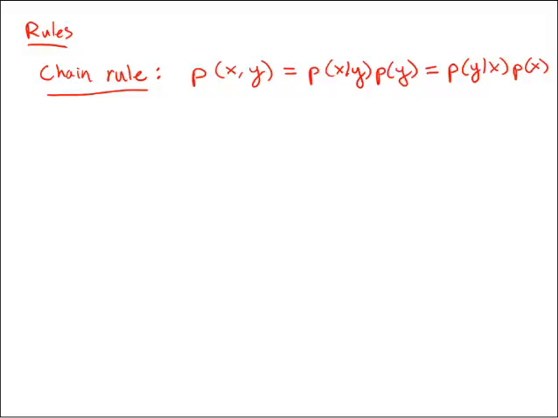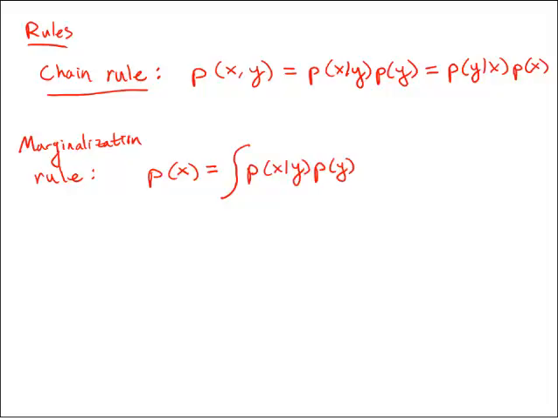The second rule is the marginalization rule. So the marginalization rule tells us how we can calculate a marginal distribution given a joint distribution. So this says that p of x, the probability distribution over x, is equal to p of x given y times p of y, all integrated with respect to y.